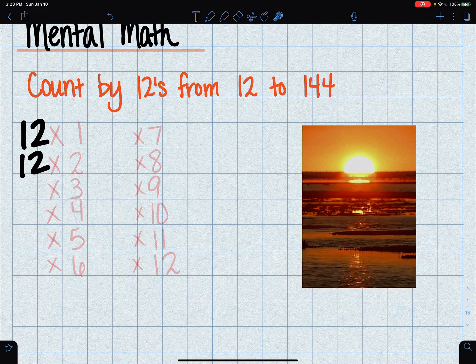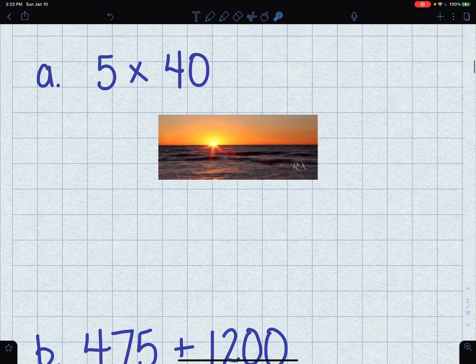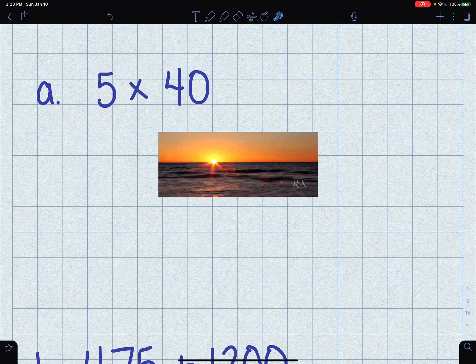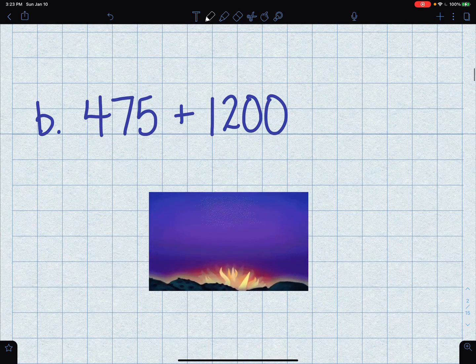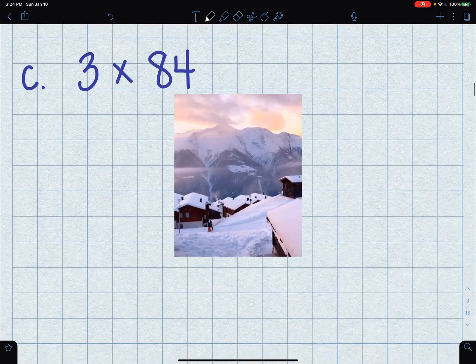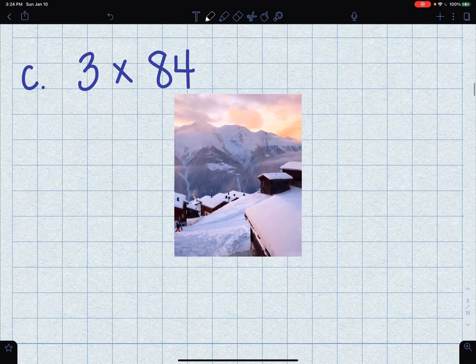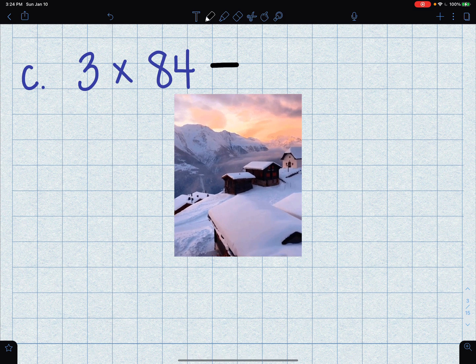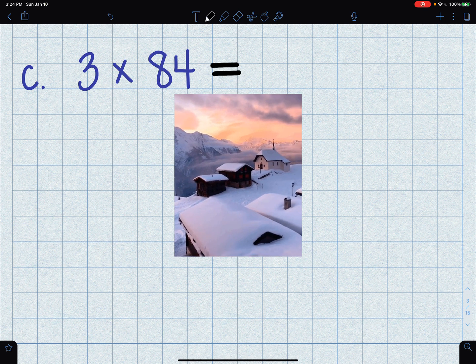All right, let's do the rest of mental math. We're going to do 5 times 40. Write your answer. B is going to be 475 plus 1,200. C is going to be 3 times 84. Write your answer.